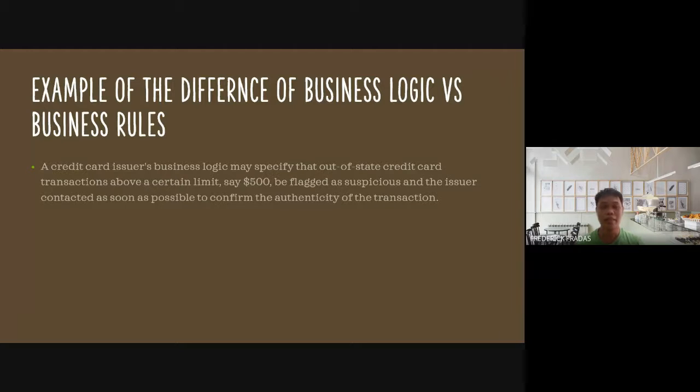So in this example, the policy of flagging such transactions is an example of a business rule. So the policy is the business rule. The actual process of flagging the transaction is an example of business logic. So the policy is the rule, while the actual process of flagging the transaction is the business logic. So that's the difference given this example.